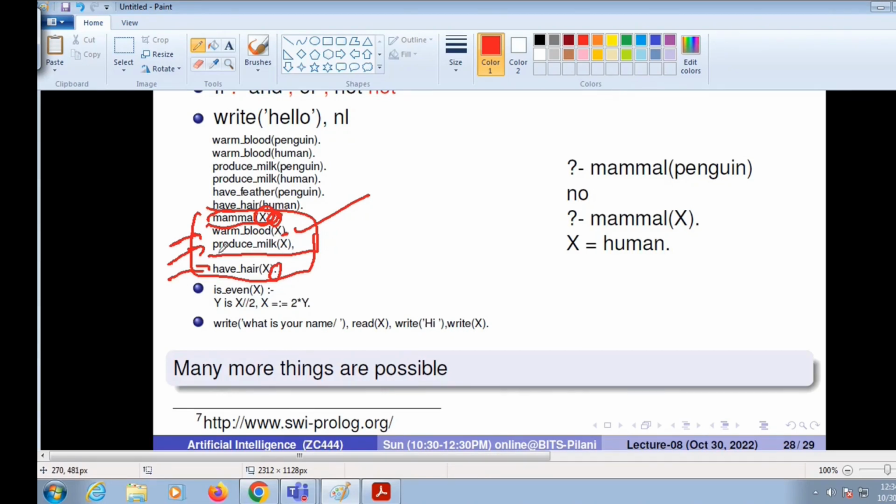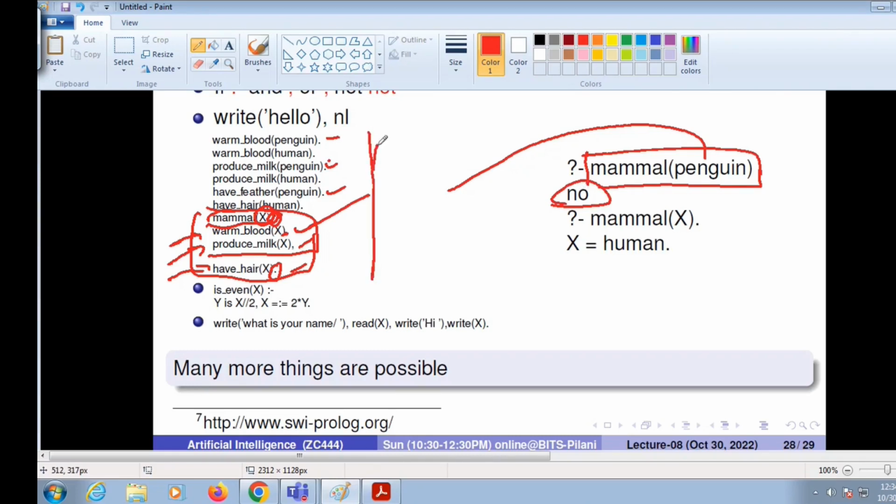So I can ask the system mammal penguin, and it is going to test whether it has warm blood, produces milk, and has hair. Penguin has feather, milk, and blood, but does not have hair, so it says no. You write this code, and then you ask, and the system does the inference for you and gives you the answer.